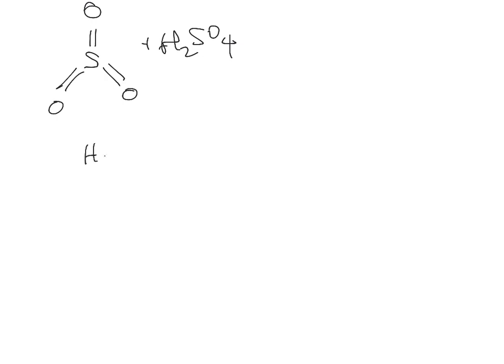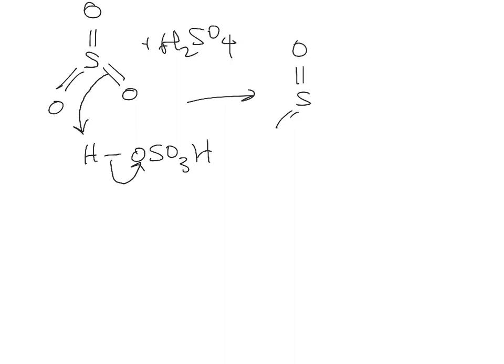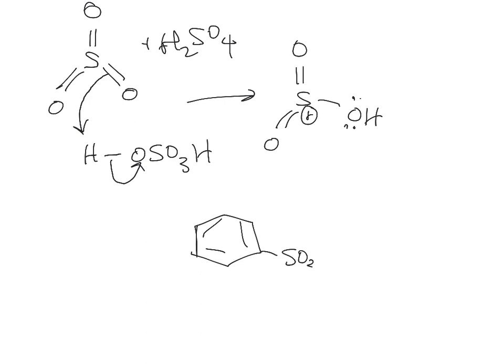So if we redraw H2SO4 like this, then our electron pairs can attack the hydrogen, which then attacks the oxygen. There's your sulfur. And now we have our electrophile. So SO3H is our electrophile. And it's positively charged, so here it goes. And you end up with a benzene ring with SO3H.